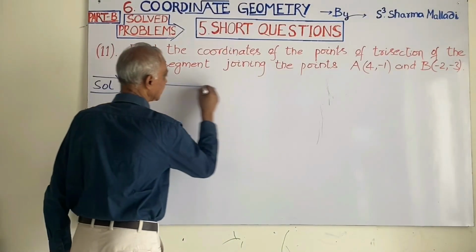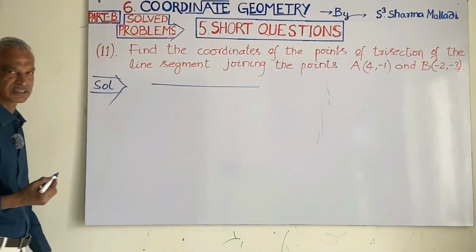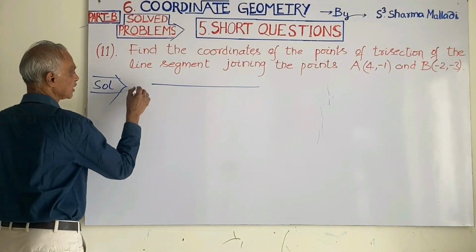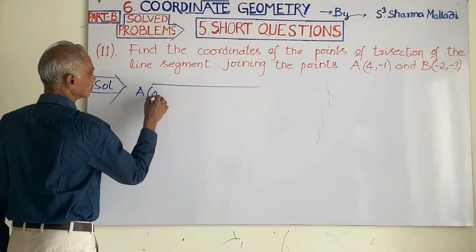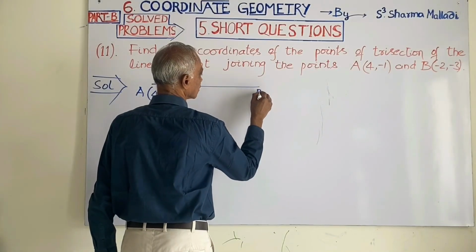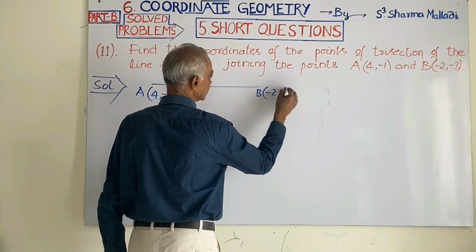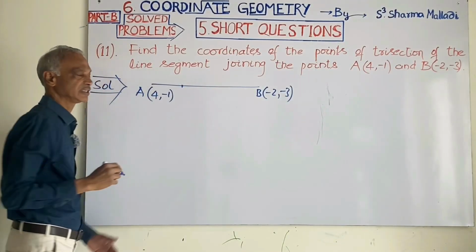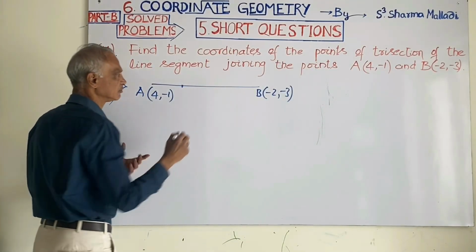First you draw the diagram so that it is very easy for us to solve the problem. A is (4, minus 1) and B is (minus 2, minus 3). We have to find the points of trisection which divide the line segment into 3 equal parts.